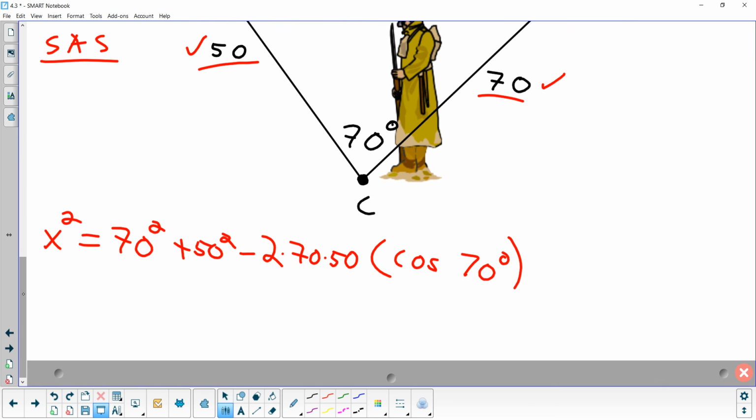And that's our formula. So we're going to get kind of big numbers, but we just have to type that all in. Let's do what we can first. 7 times 7 is 49, so that's 4,900. 5 times 5, that's 25, so that's 2,500. 2 times 50 is 100. 100 times 70, that's 7,000.